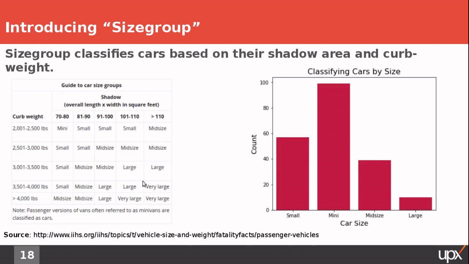So I introduced a new variable called size group, where I calculated the classification based on what we mentioned now, like mini, small, mid-size, large, and very large, based on the curb weight and the shadow area. Now, the graph on the right-hand side shows the distribution of vehicles that belong to each of these categories. You can see that the majority of the vehicles fall into either the small or mini category.